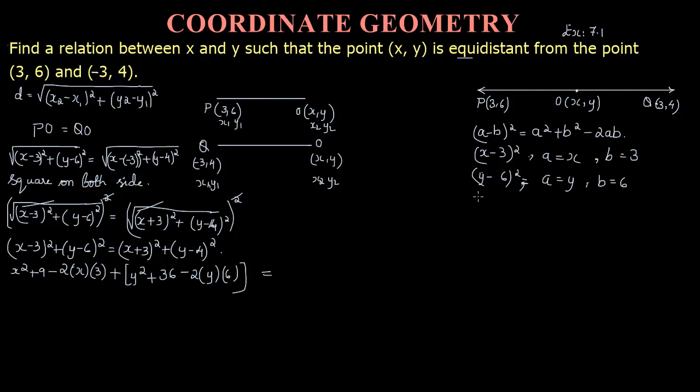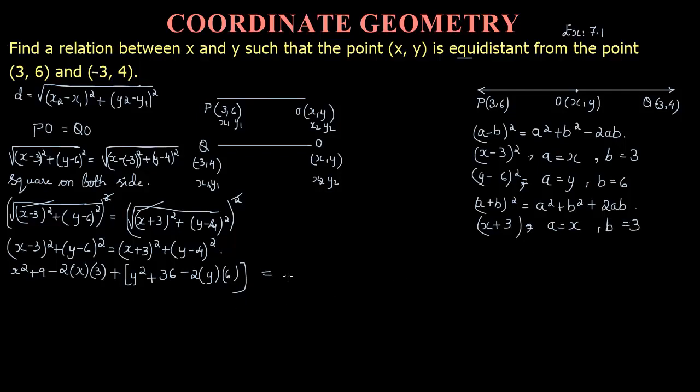X plus 3. Now if it is in the (a + b) whole square formula, let me write the formula: (a + b) whole square. What is the expansion? A square plus b square plus 2ab, right? Now here in this case it is x plus 3. So in place of a we have x, and in place of b we have 3.